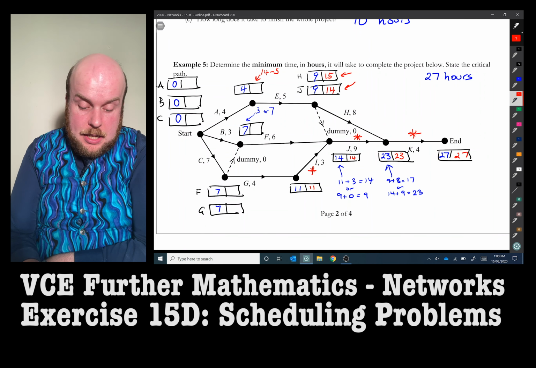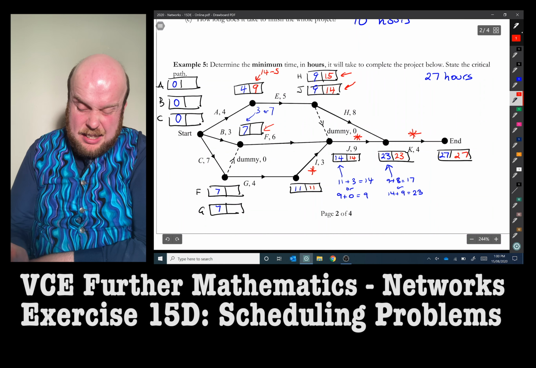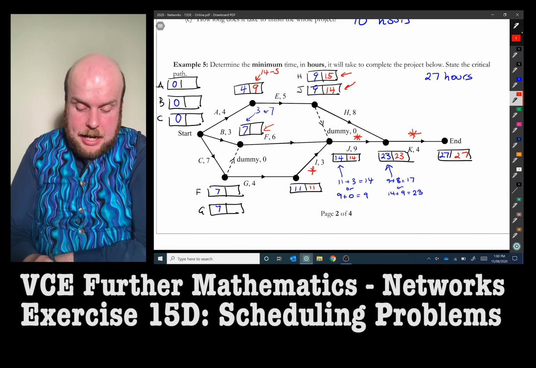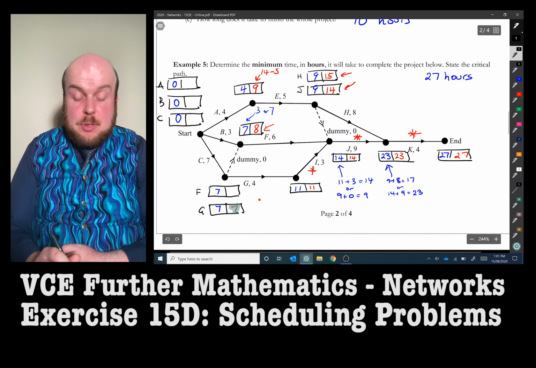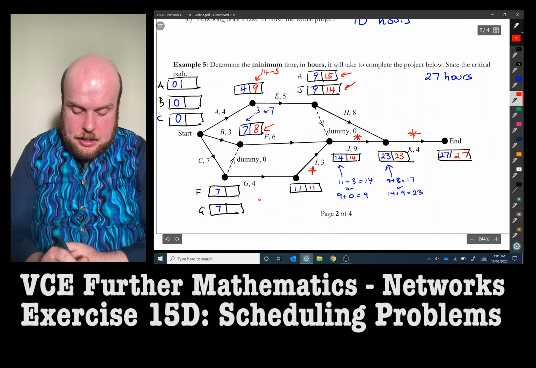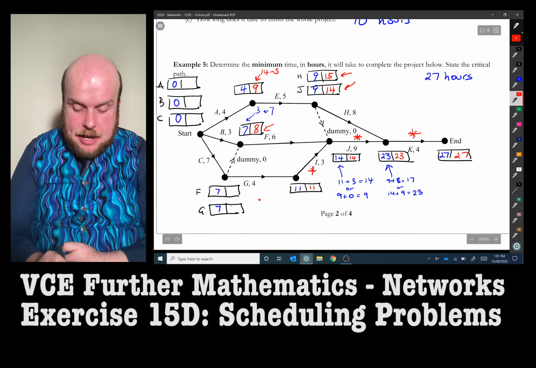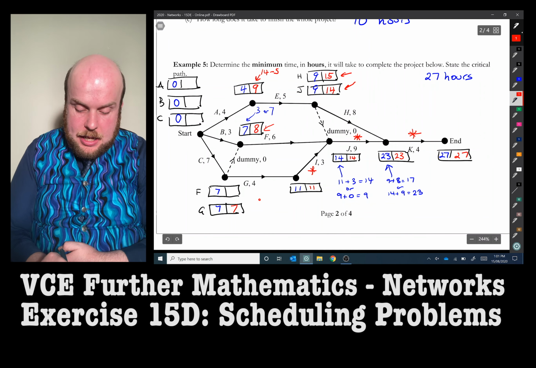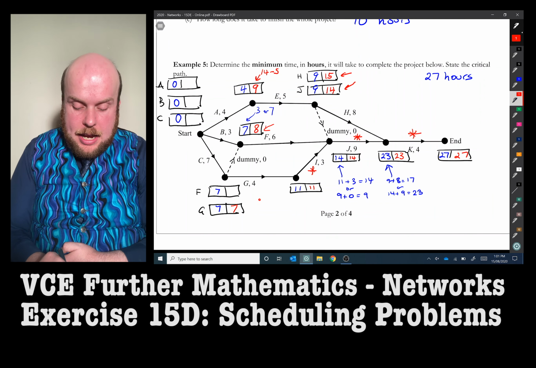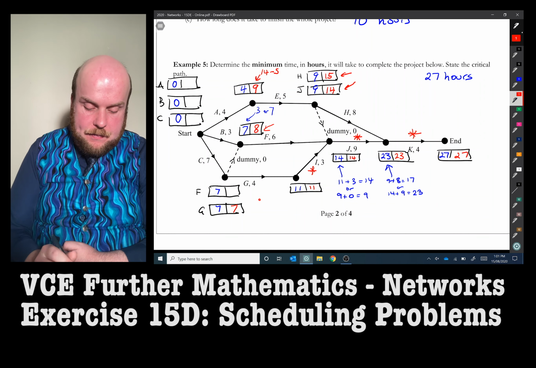For F, the smallest number will be 14 take away 6, which is going to be equal to 8. So activity G here is going to be 11 take away 4, so it's going to be 7. From activity F, it's going to be 8 take away 0, because that's the latest starting time for F. 8 take away 0 is 8.